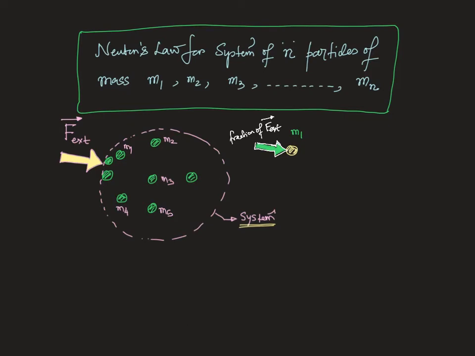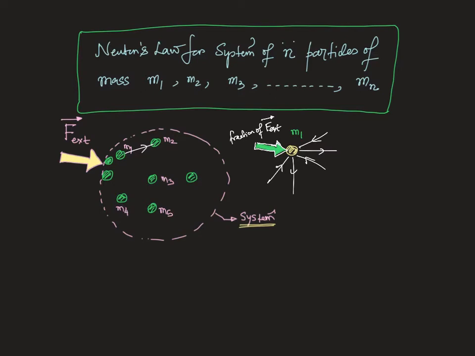Right. Now also on this mass m1, or particle 1, there may be internal forces due to particle 2, say 2 attracts or repels, whatever. So there are these internal forces due to other particles.